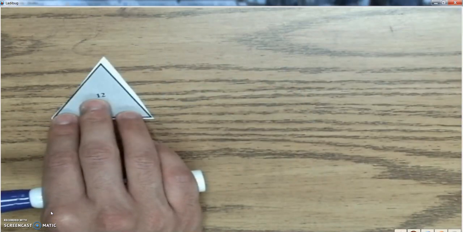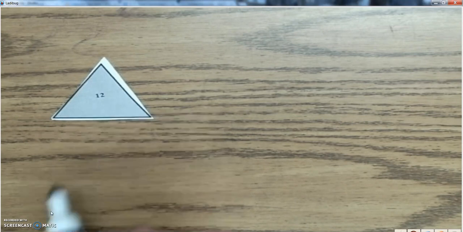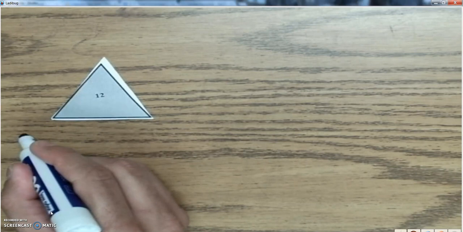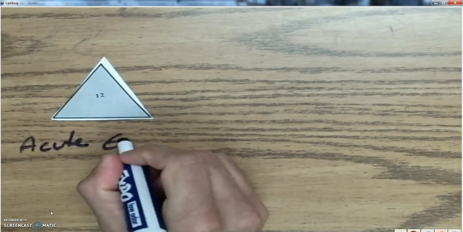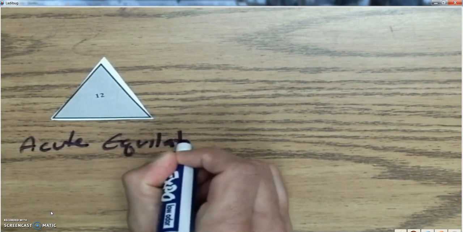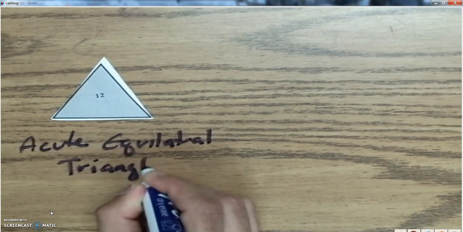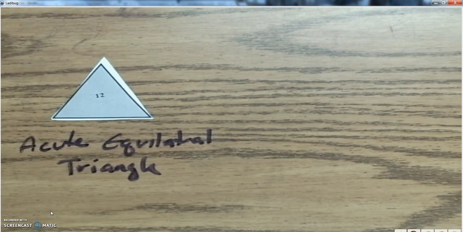For instance, if I look at this one, if I look at the angles, it's acute, acute, acute. And if I look at the sides, it's congruent, congruent, congruent. So I would say that this is an acute equilateral triangle. I'm going to say that it's both. It's an acute triangle by its angles. It's an equilateral triangle by its sides.